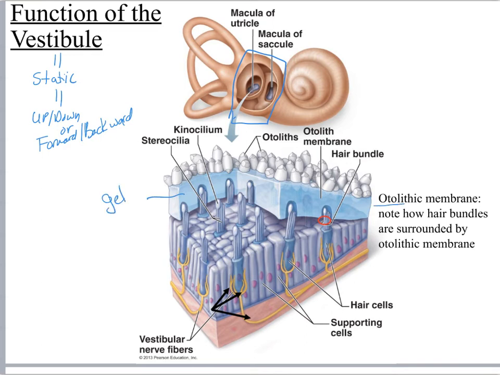membrane, which is made out of a gel. And embedded in that otolithic membrane are these little crystals called otoliths or ear rocks, okay? So they kind of sink down into that membrane just a little bit, and they anchor themselves in. And when you tilt your head forward or backwards, these rock back and forth.